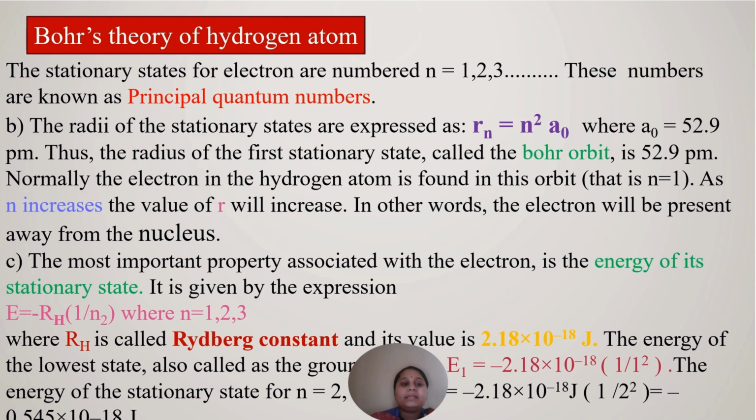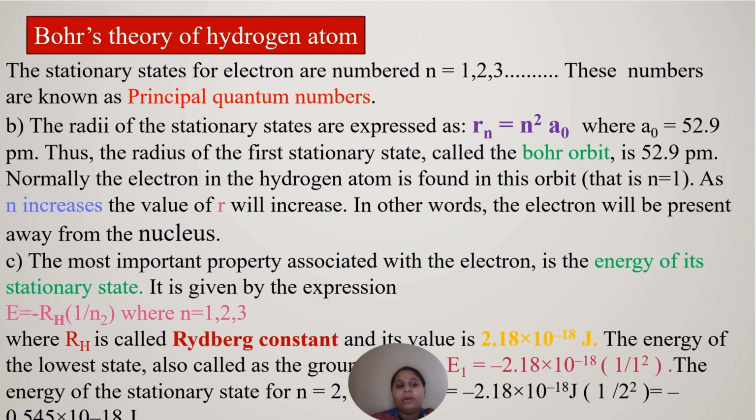Here R_H is called the Rydberg constant, and its value is 2.18 into 10 power minus 18 joules. The energy of the lowest state, that is the ground state or the Bohr orbit, is called E1, that is minus 2.18 into 10 power minus 18 (1 by 1 square).